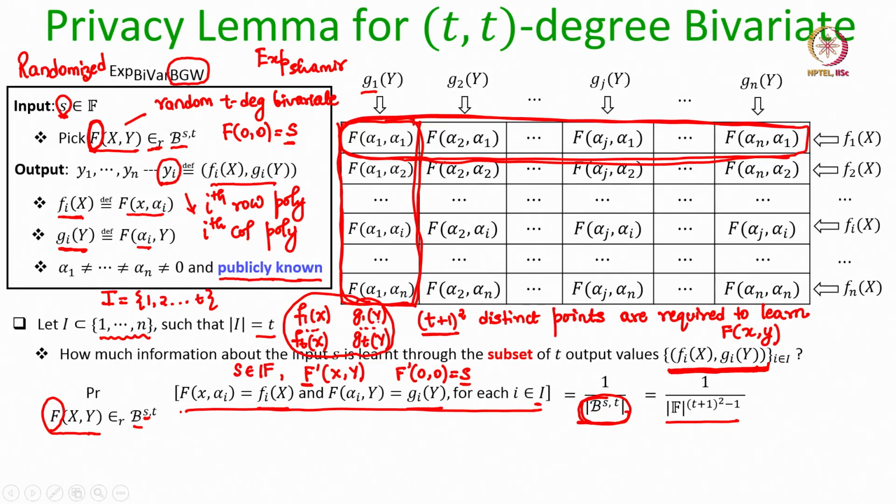Now, using the same argument, we can conclude that if we try to compute the probability over all possible t degree bivariate polynomials whose constant term is now s prime, then what is the probability that any randomly chosen polynomial from such a set when evaluated at alpha 1 to alpha t will result in f 1 to f t and g 1 to g t?